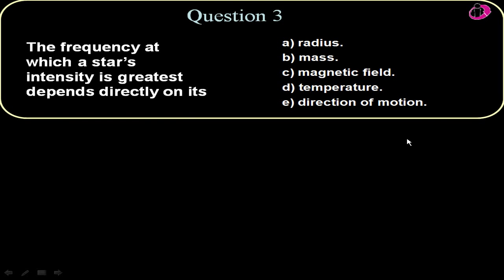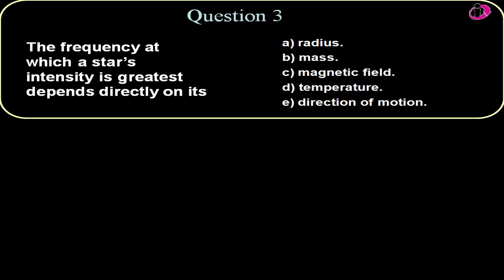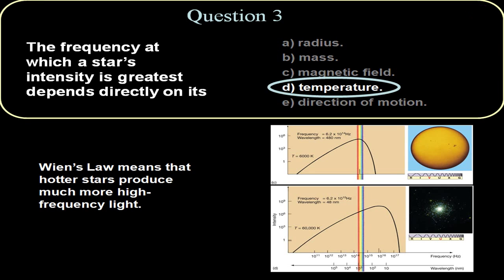Question 3. The frequency at which a star's intensity is greatest depends on its... Well, this is mentioning the frequency of the greatest intensity, but if you were to map the intensity as a function of frequency, you would have a skewed black-body curve, and so the maximum of that curve would correspond through Wien's law to the temperature of the object.